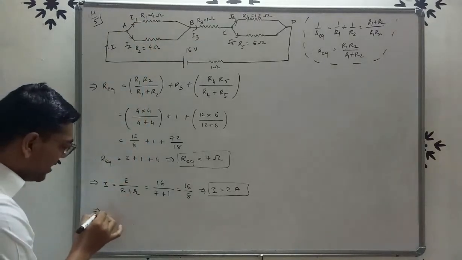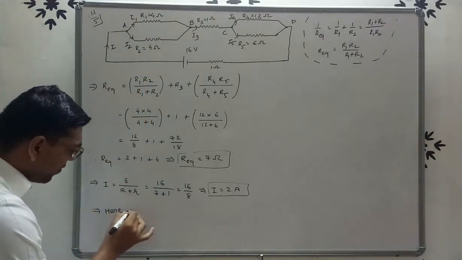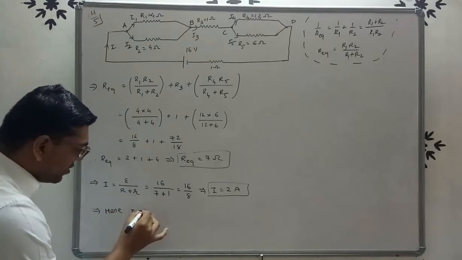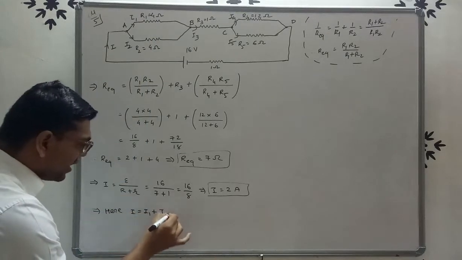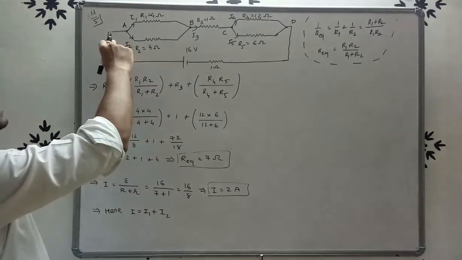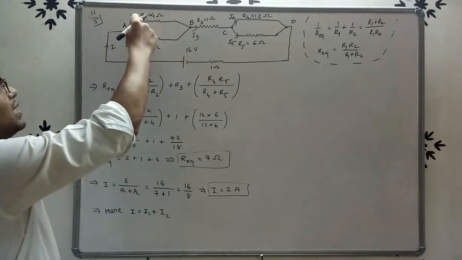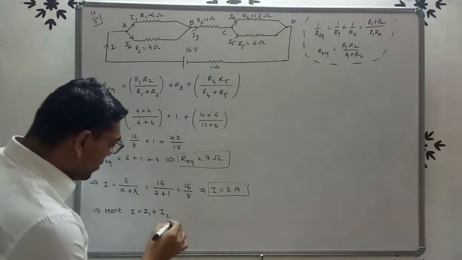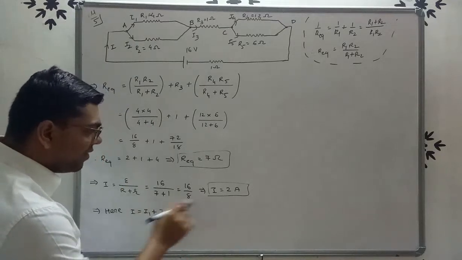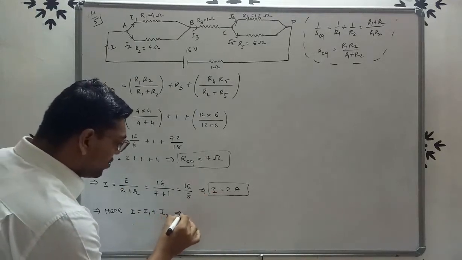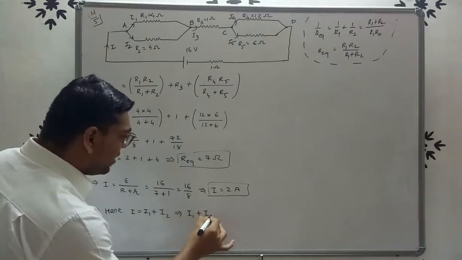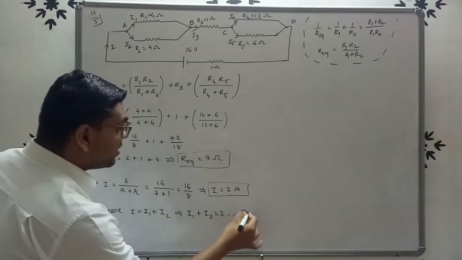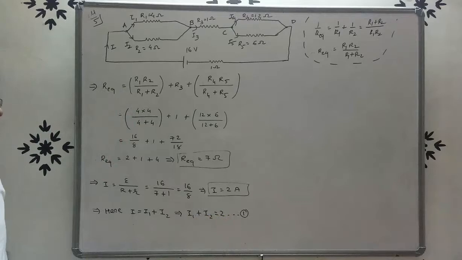So we can write that I is equal to I1 plus I2, because this total current I will be distributed into these two parts. We know the value of I is 2, so I1 plus I2 is equal to 2. This is equation number 1.